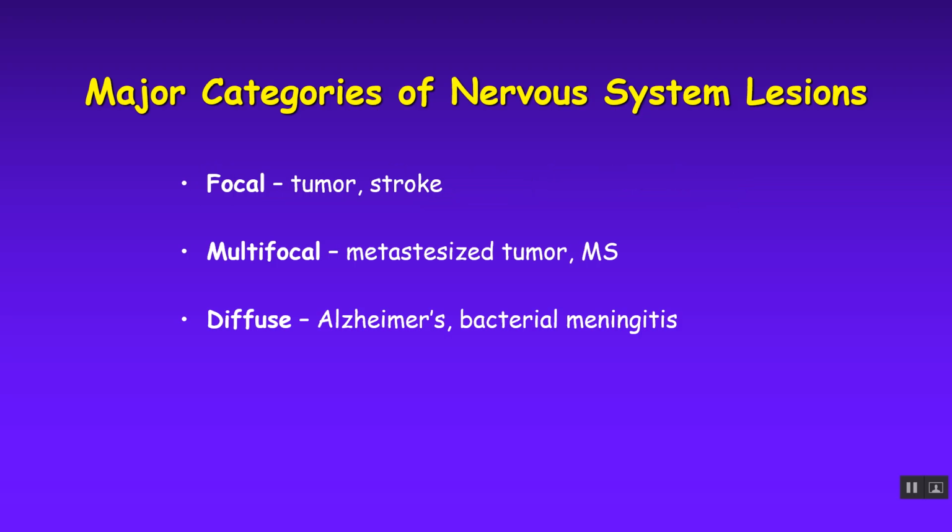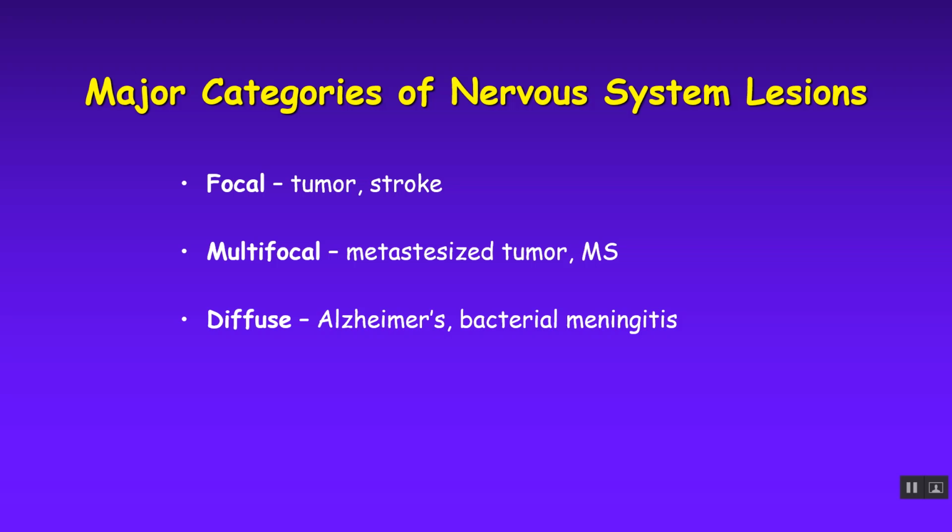Real quick, major categories of nervous system lesions. A focal lesion is like a tumor or stroke. Something where it's affecting a circumscribed, localized region within the nervous system. Multifocal lesion is something that affects multiple areas in the nervous system, like a metastasized tumor that has multiple locations where the tumor has metastasized to, or something like multiple sclerosis, where you have lesions throughout the brain, cerebrum.